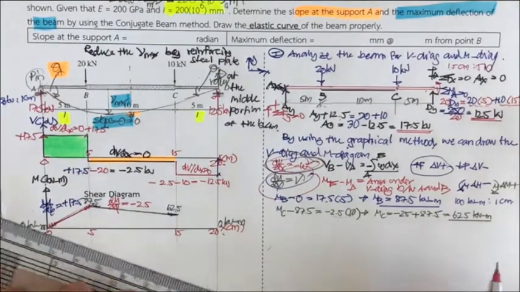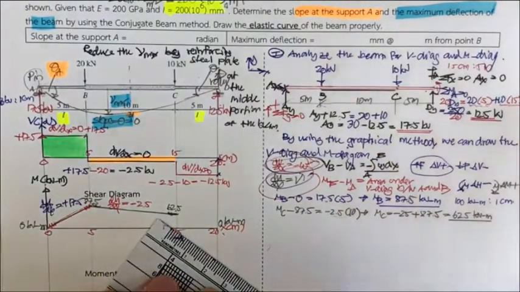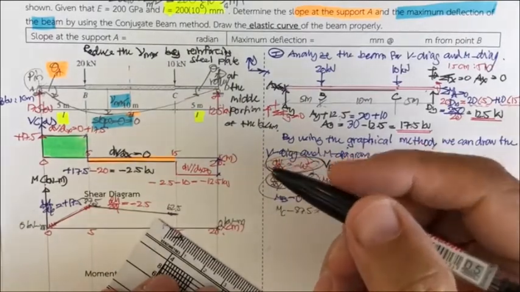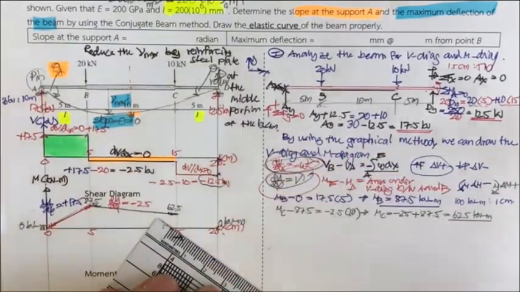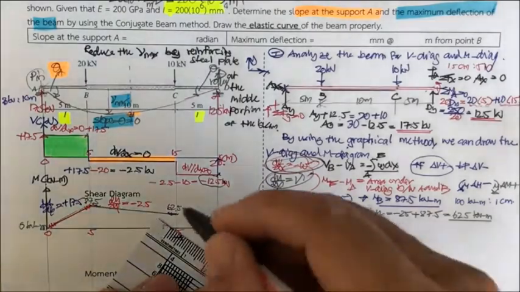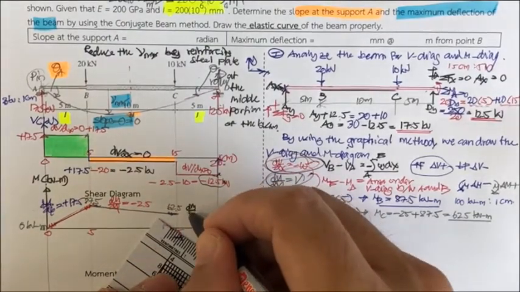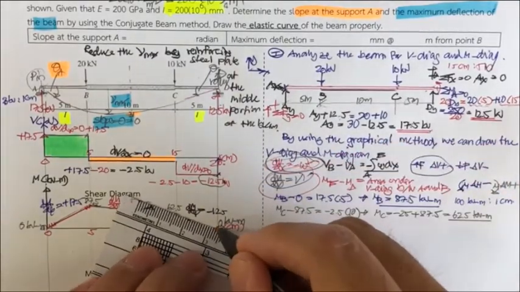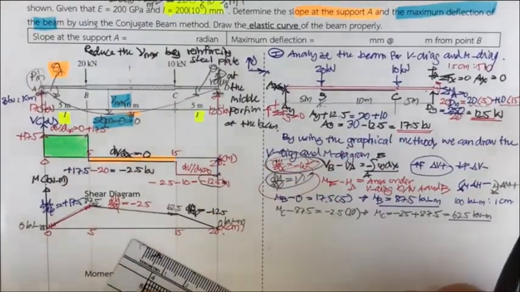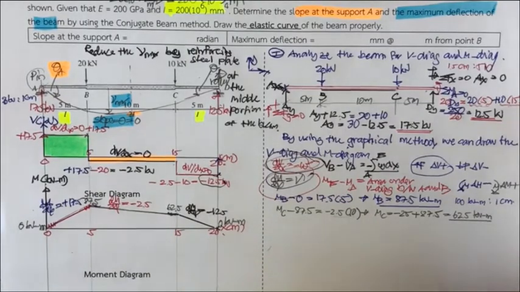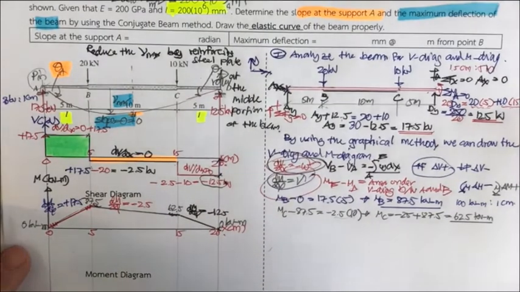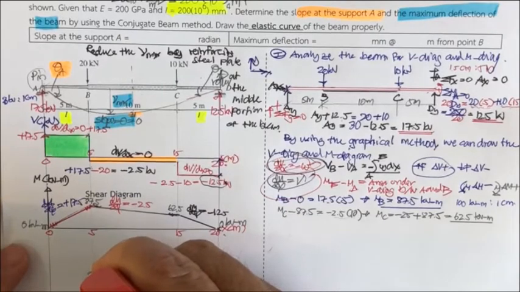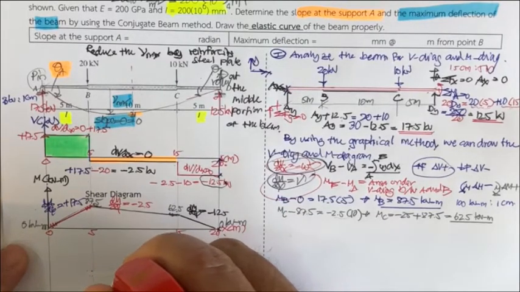Okay, and the last part is going to be easy because this is 0, and since the shear here is minus 12.5, dM by dx is going to be minus 12.5, so it's going to decline from 62.5 to 0. That is our moment diagram, right? Okay, and later we are going to draw the conjugate beam. Let me move this one a little bit more.